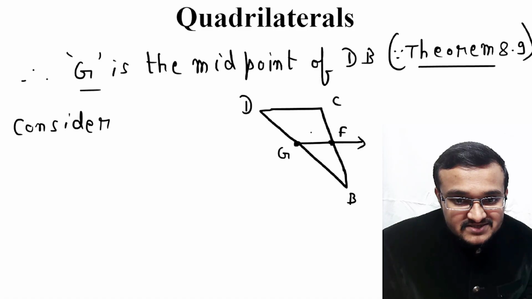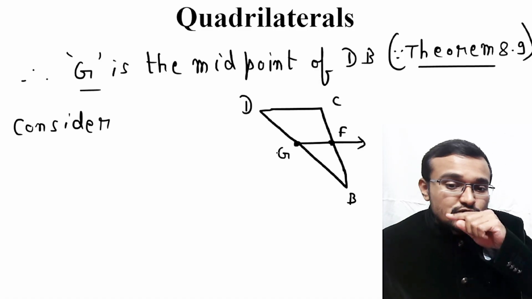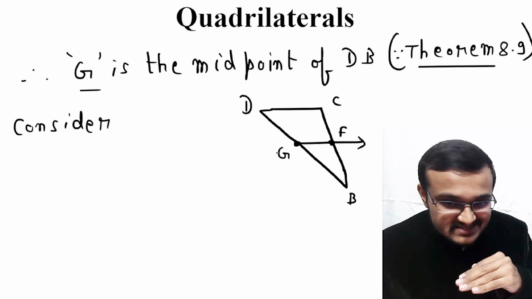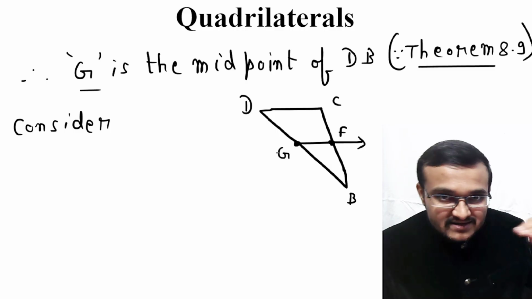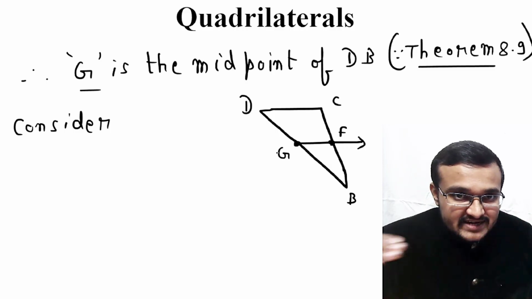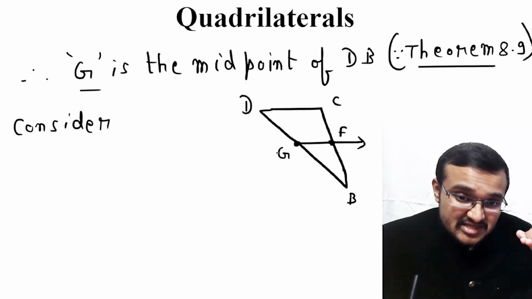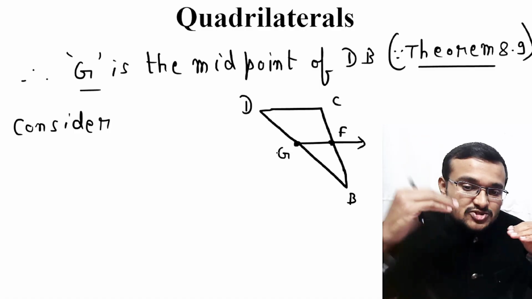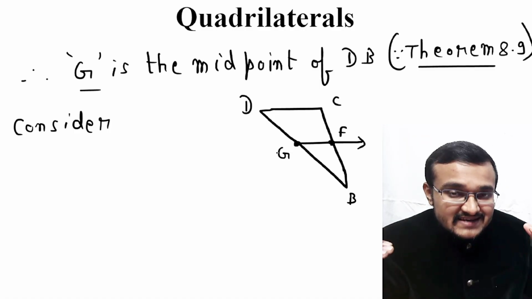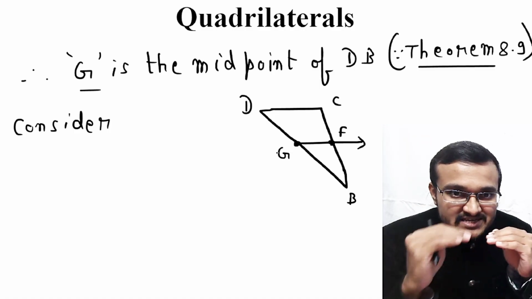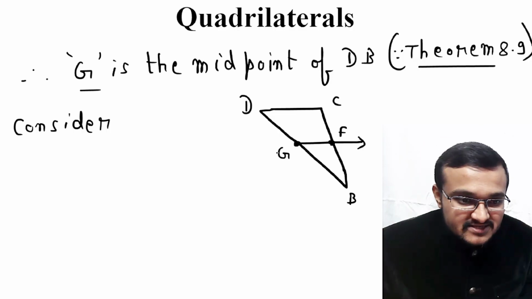Since AB is parallel to EG, and AB is also parallel to DC, automatically this line EF, or this line GF, becomes parallel to DC.